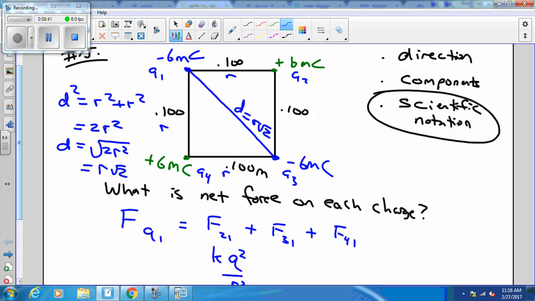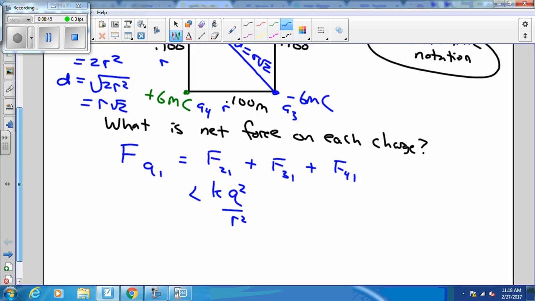Attractive. And therefore, the force on Q1 is going to go to the right, in the positive direction: kQ squared over R squared, comma 0. That's F21.